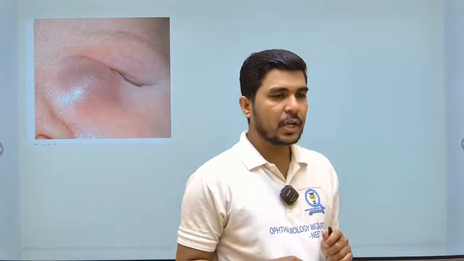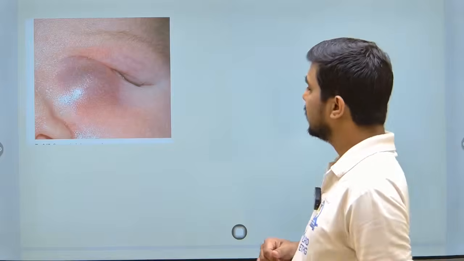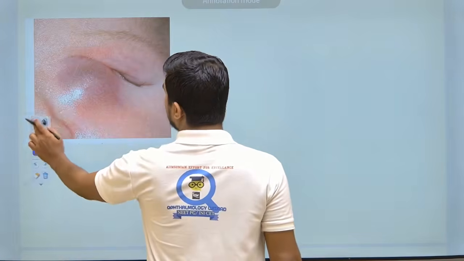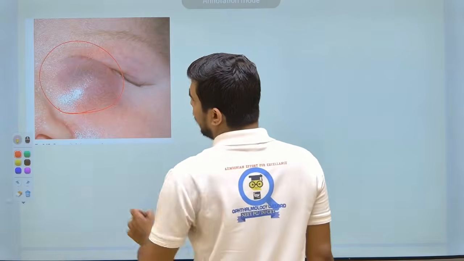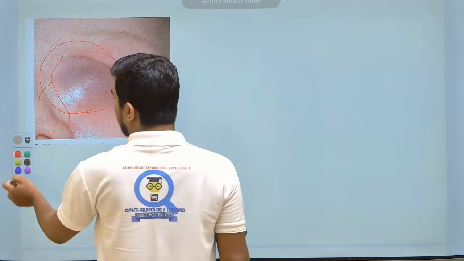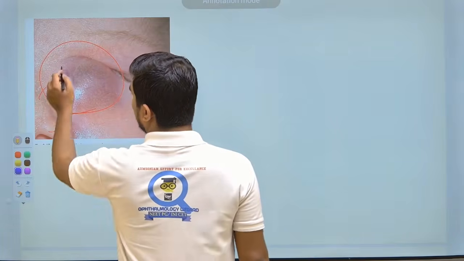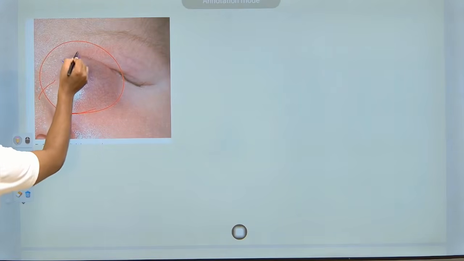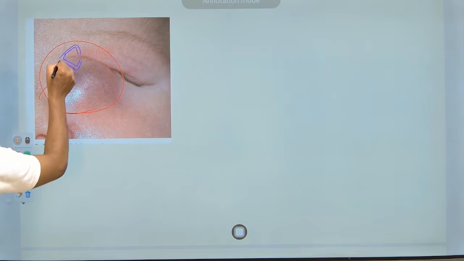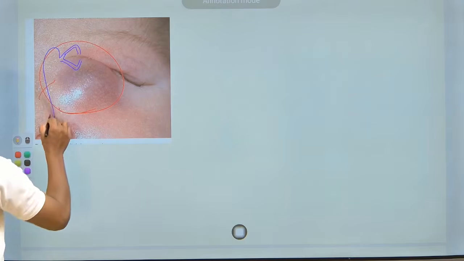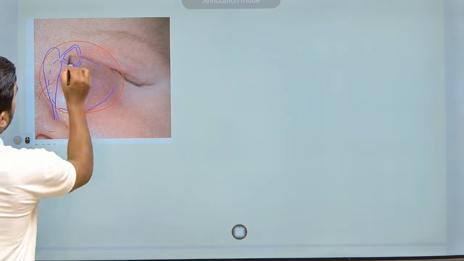Now what do you see here? See, there is something here that is swollen, ये swell किया हुआ है ना एरिया, ये nose है. So something beside that, यहाँ पे क्या है? अगर मैं इसको बता दूं कि यहाँ पे पंक्टा है, and because of this punctal area it is swollen.